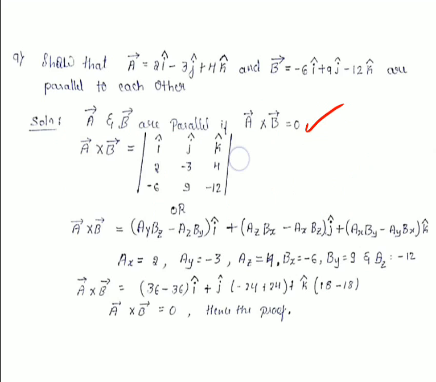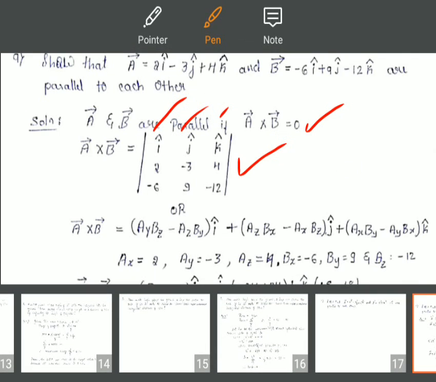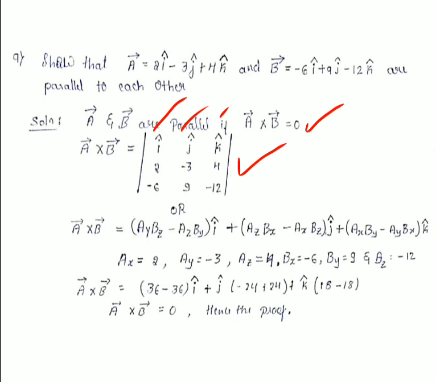Either use the determinant form A cross B. Write I cap, J cap, K cap. Then the magnitude of AX, that is 2. Magnitude of AY, that is minus 3. Magnitude of AZ, that is 4. Next, magnitude of BX minus 6. Magnitude of BY 9. And magnitude of BZ minus 12.